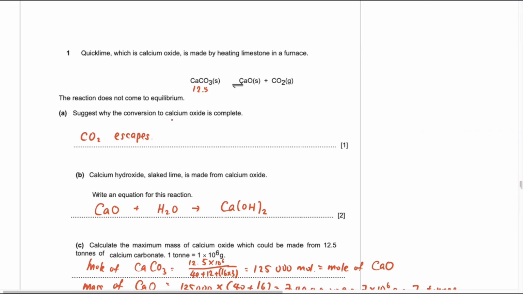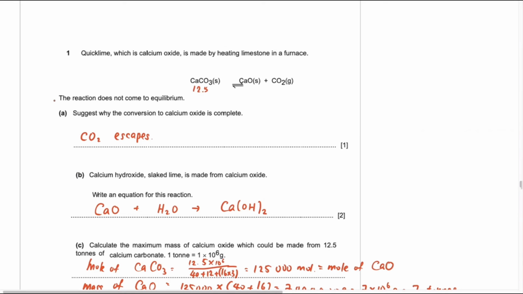Okay. 1A asks why the conversion to calcium oxide is complete. It means when calcium carbonate is heated up and it becomes calcium oxide plus carbon dioxide, the reaction doesn't move backwards to reform calcium carbonate. It means it has only forward reactions. It doesn't have backward reactions.